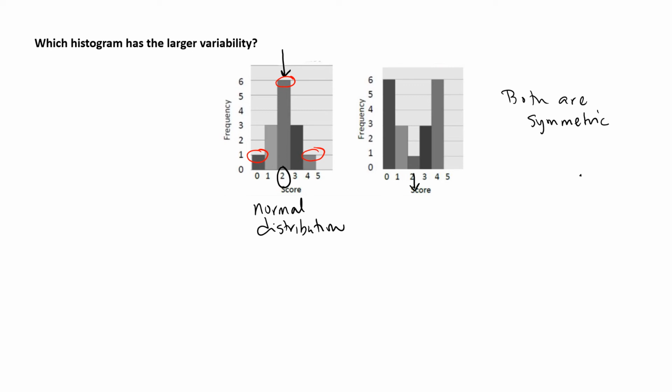Here, on the other hand, very few scored the mean, but lots scored very low or very high. So this graph here has the larger variability. As you can see, the mean doesn't tell you everything about the data set. Variability is a really important description of what a data set looks like.